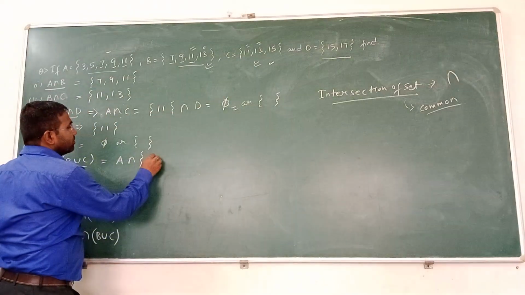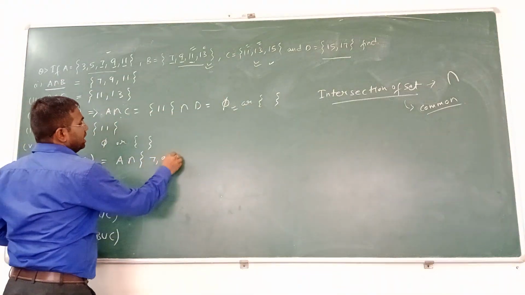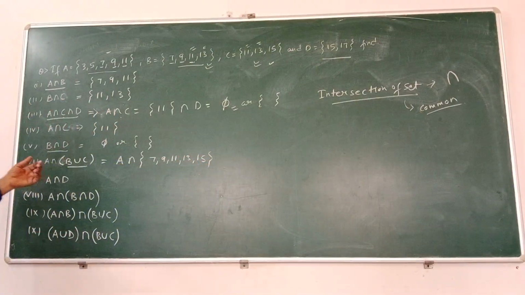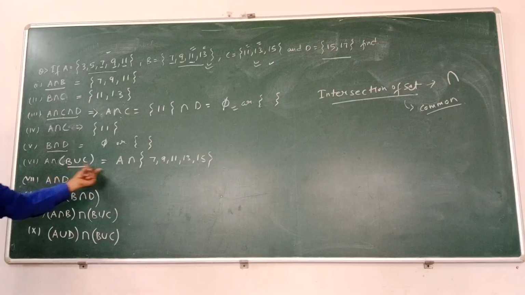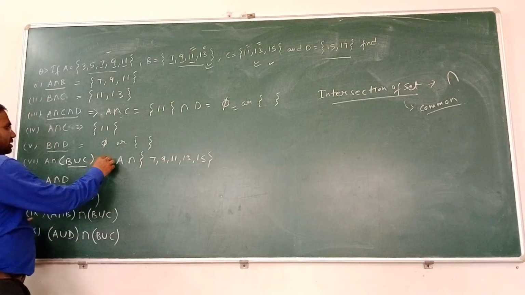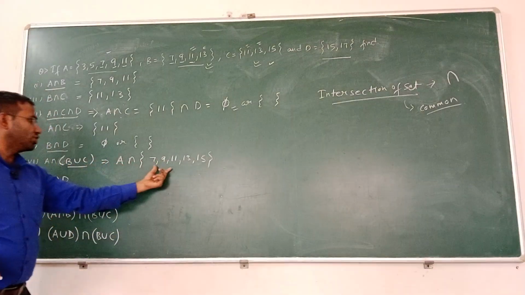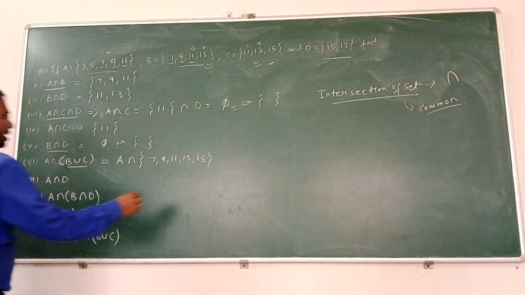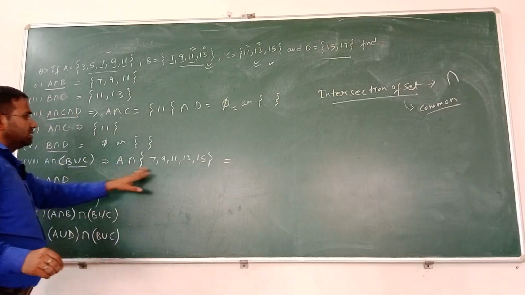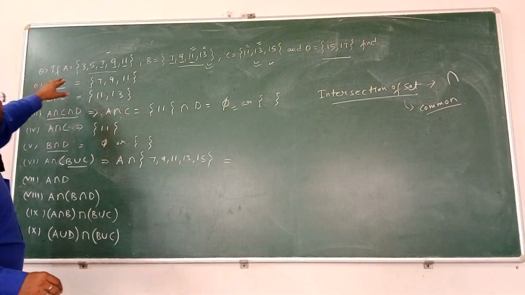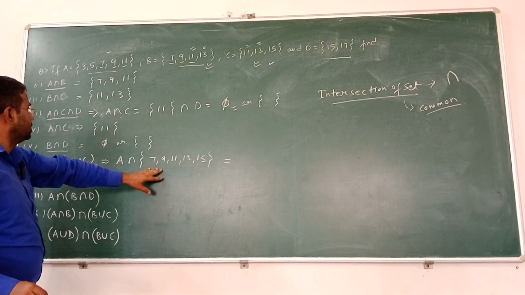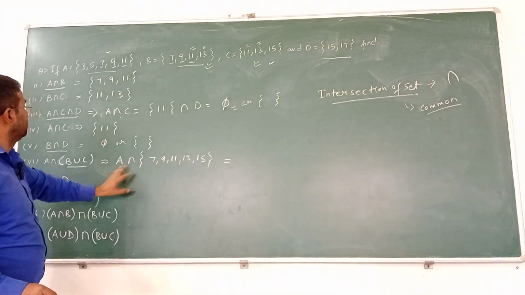So one time write 13, common only one. So what will you write? 7, 9, 11, 13, 15. See. So B union C will be what? 7, 9, 11, 13, 15 will be there. Now you have to write A intersection of this set. So this is A and this is the next set, you have to take the intersection with this one.